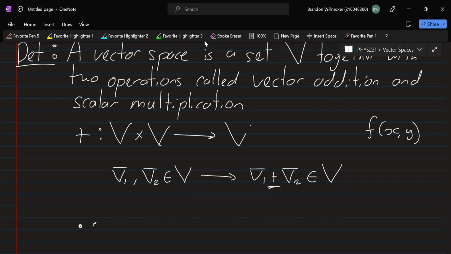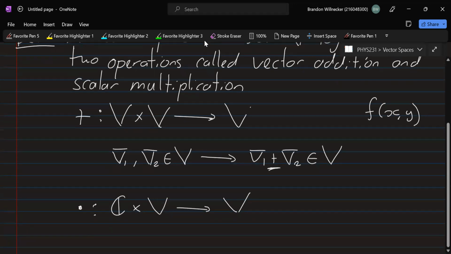And scalar multiplication. This is a map between some underlying field. You don't have to worry too much about what a field is now. So we will be taking it either as the set of real numbers or the set of complex numbers. Okay, so in general, we will take the set of complex numbers as the field cross V, and then this maps into V. Okay, so how does this map work?